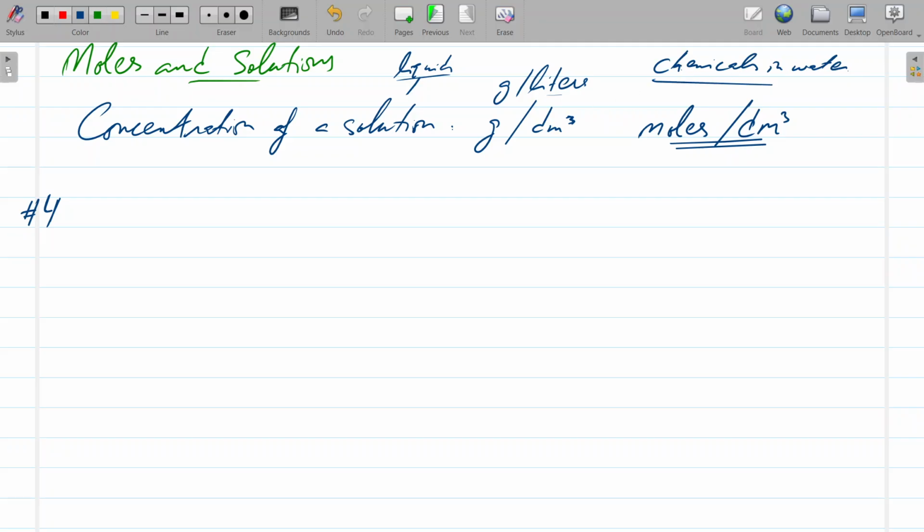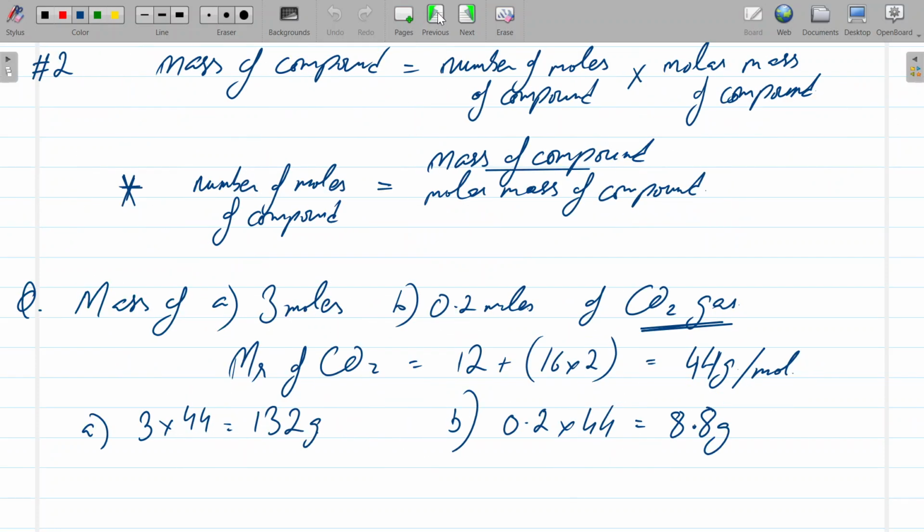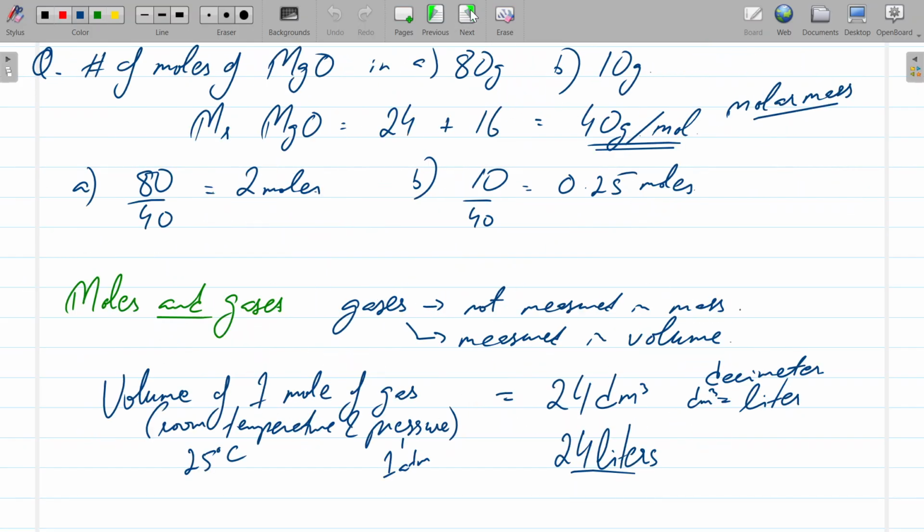You've got to find the concentration in moles per decimeter cube. You do number of moles, which you can find from the mass that you're using, using one of the formulas we've done back here. Number of moles is mass of element over molar mass, and you find the number of moles.